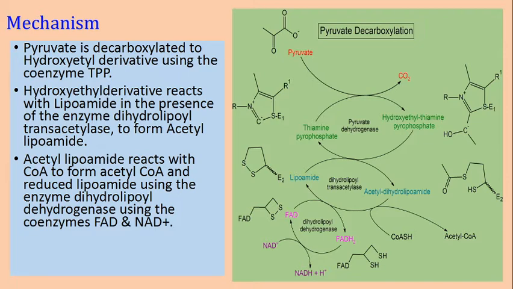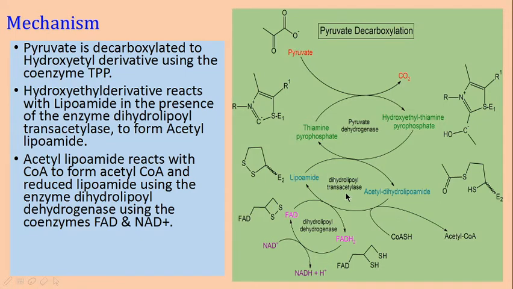Then in the third step, the acetyl lipoamide will react with coenzyme A to form acetyl CoA. This is the reaction we required, the conversion of pyruvate to acetyl CoA.